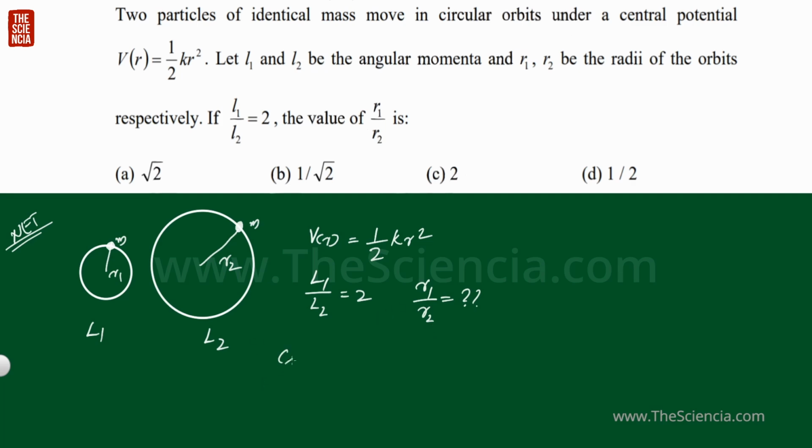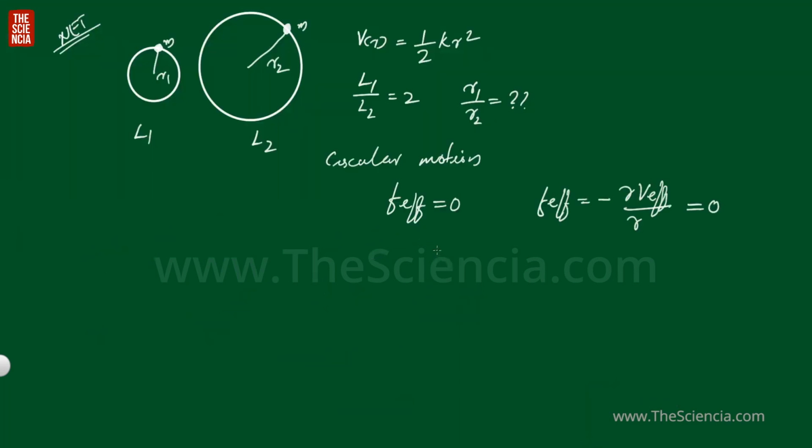We know, in a circular motion, effective force is equal to 0 because centripetal force and centrifugal force will cancel each other. And we know F effective is equal to minus dou V effective by dou R. So here F effective equal to 0. Therefore, dou V effective by dou R is also equal to 0. And what is this V effective? We know V effective is equal to L square by 2 m r square plus V of R, right?